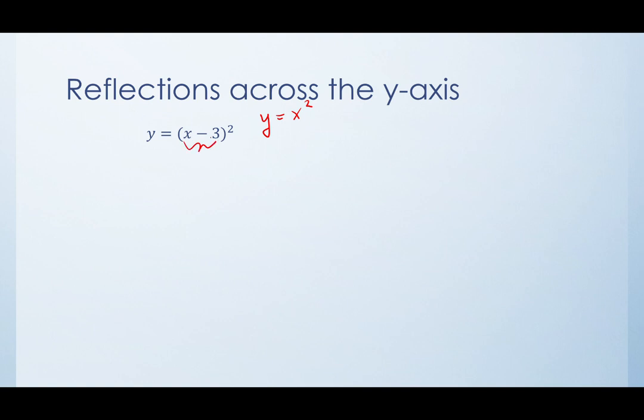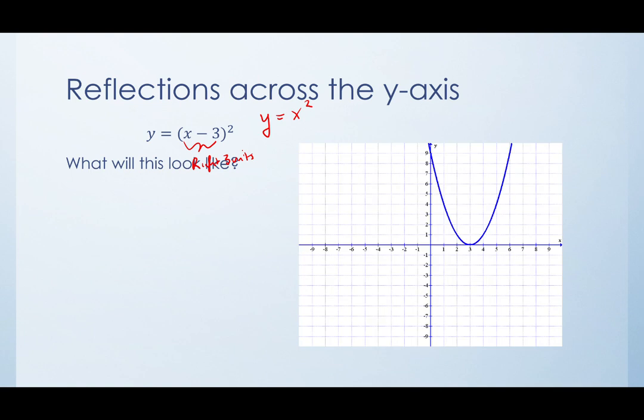So this is saying that this is taking our parabola and shifting it right 3 units, right? So what's that going to look like? There we are. We've got our original parabola. Our vertex has been moved from the origin to 3, 0, and every point has been moved 3 to the right of what it originally was.